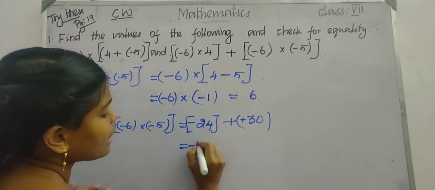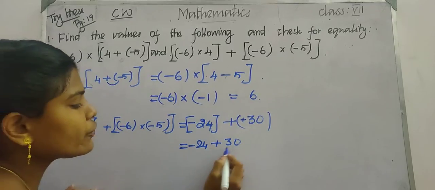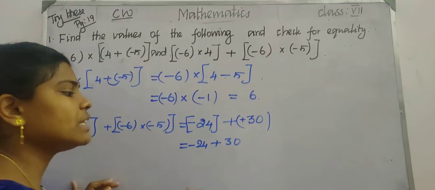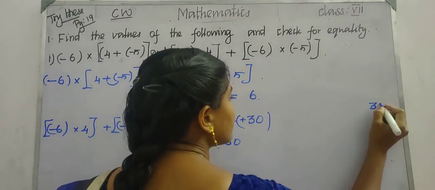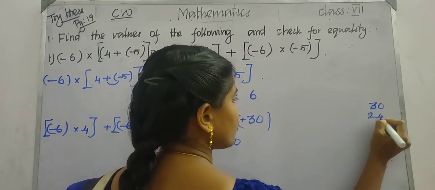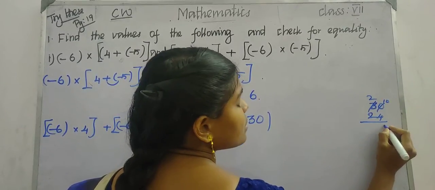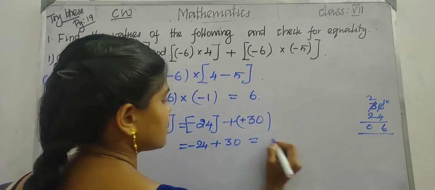So that is minus 24 plus 30. We are having different signs, right? Minus and plus. So what we need to do? We need to subtract and put the greater number sign. Okay, children. So just subtract 30 minus 24. 10 minus 4 is 6, right? 2 minus 2 is 0. So what is the answer? 6.